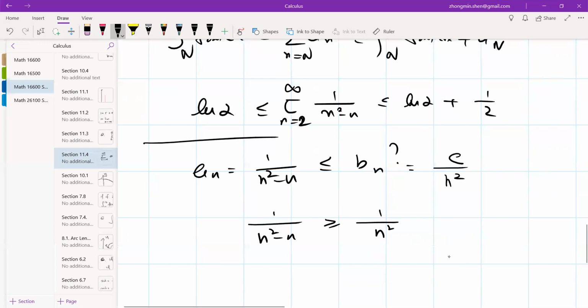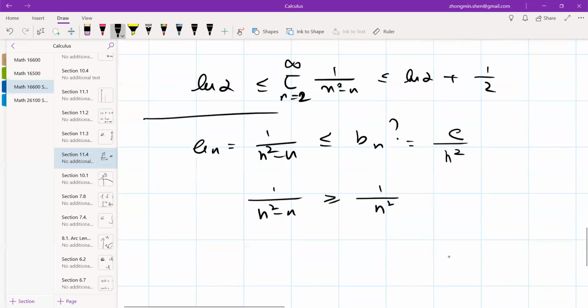Because if you drop the negative n, you would increase the denominator, so you get a lower bound, but that's useless. You have to prove the sum is finite, and a lower bound being finite does not imply it is finite. So you have to get the upper bound, so that the upper bound is finite when you put a sigma there.